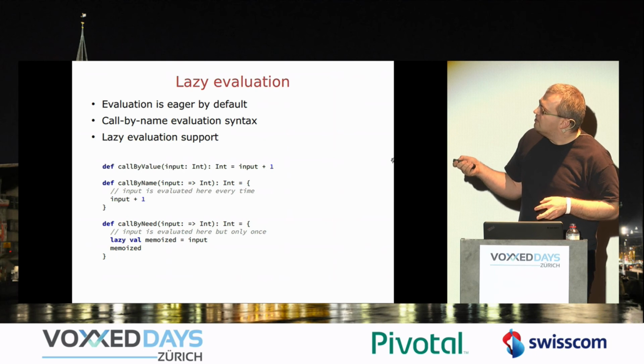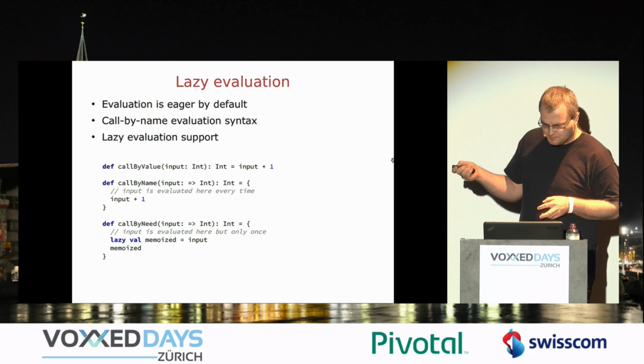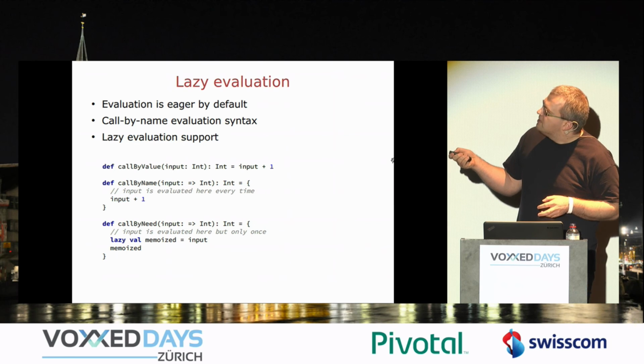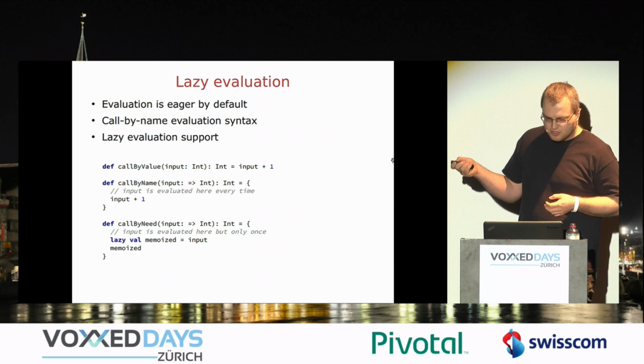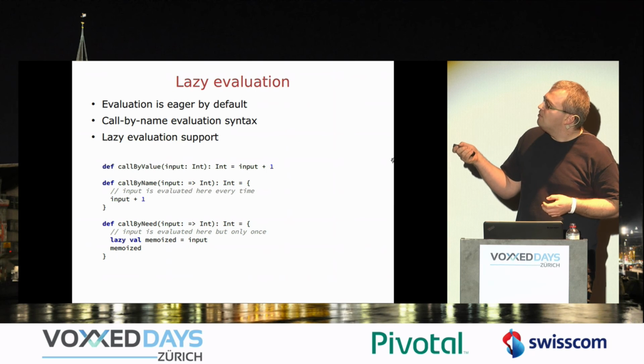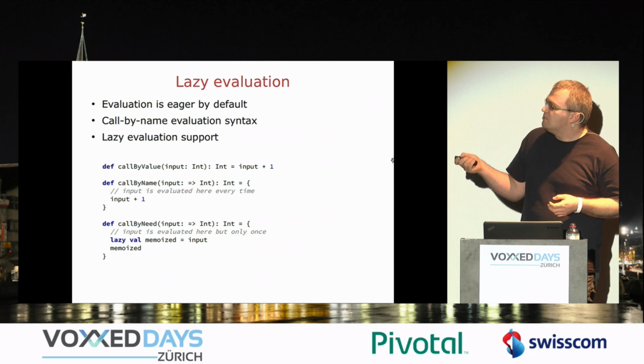An example of that is here. We have a method here, and before we get to this point, the integer is evaluated. Whatever comes as the argument is evaluated. Another option is to use the so-called call by name syntax, and this is the opposite.